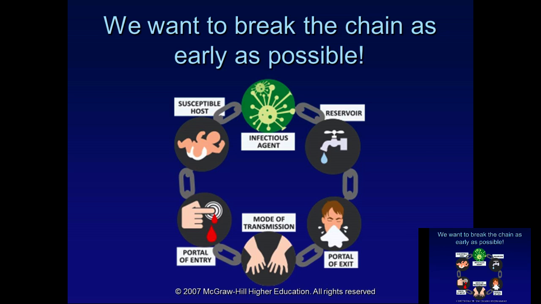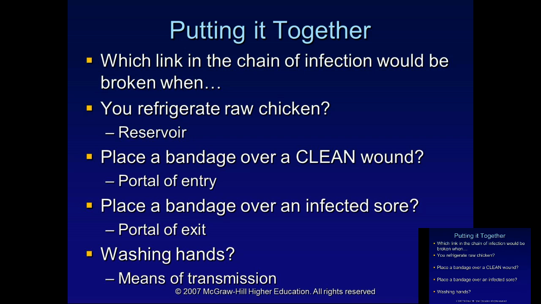That's why there is a quiz at the end of this PowerPoint on these different scenarios. So I wanted to pull four, and we'll go over them on this Panopto, and hopefully that will shed more light on which link the chain of infection would be broken.